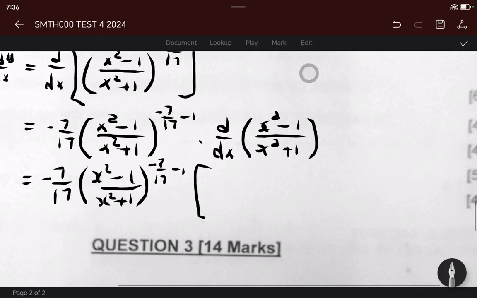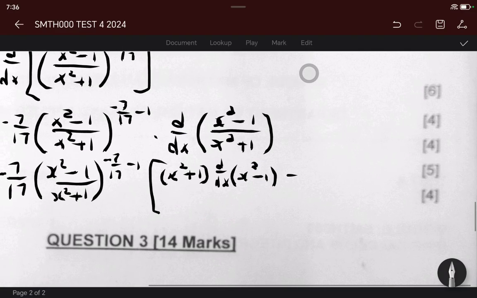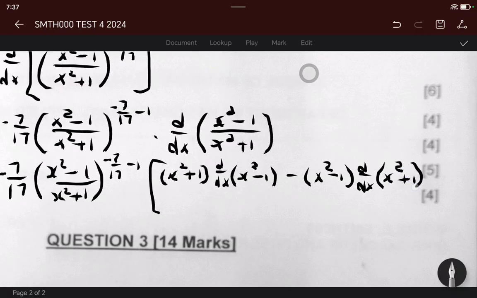With the quotient rule, we first keep the denominator here, then we derive the numerator. Then we subtract. Now we do the opposite, you see right now. Then we divide by the denominator and square it.